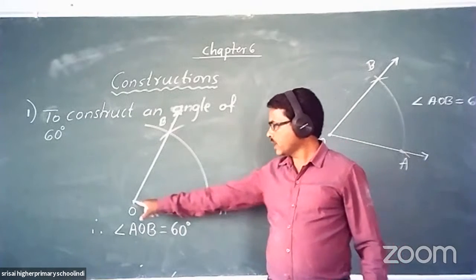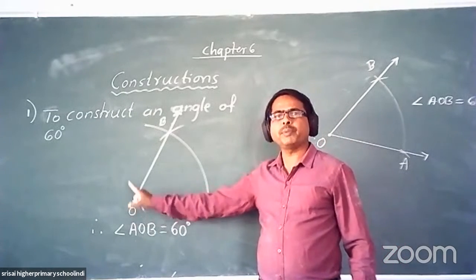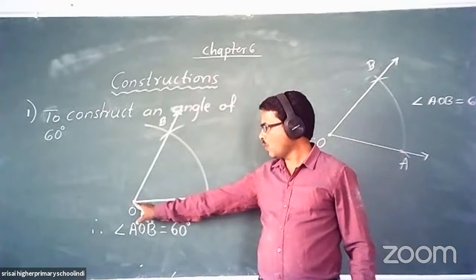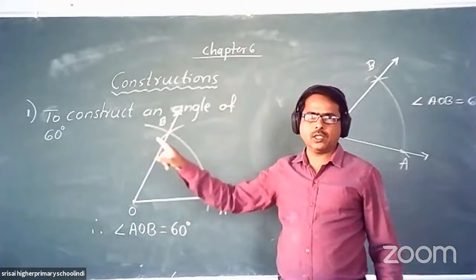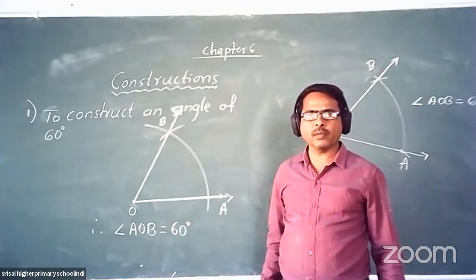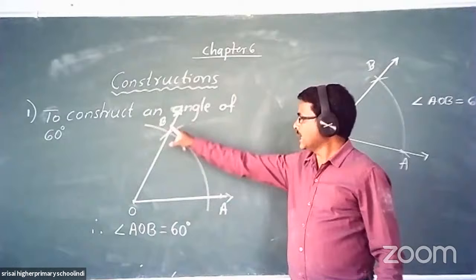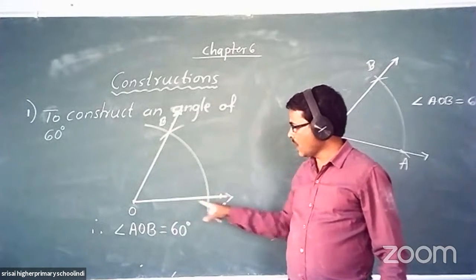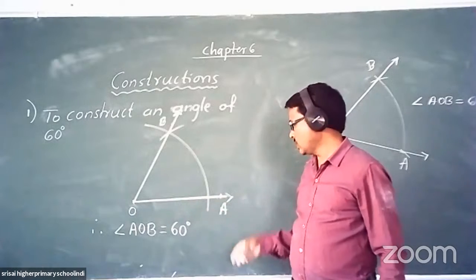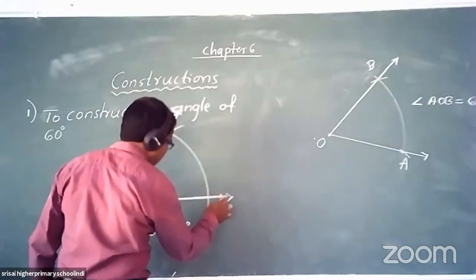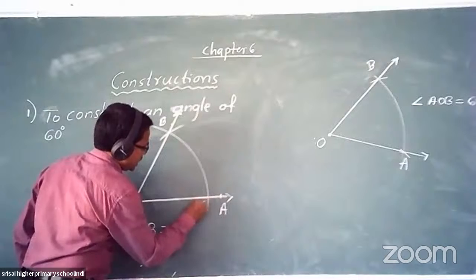Keep the fixed arm of the compass on O. Draw an arc with suitable radius. Let it cut the ray at A. You can take it as X, no problem.